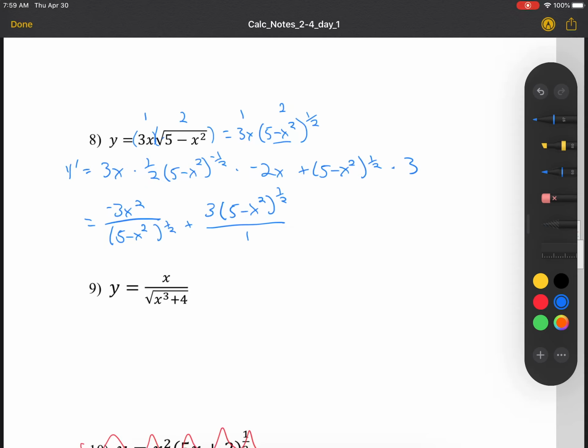And from here, what we're actually going to do is multiply the top and bottom by 5 minus x squared to the 1/2.